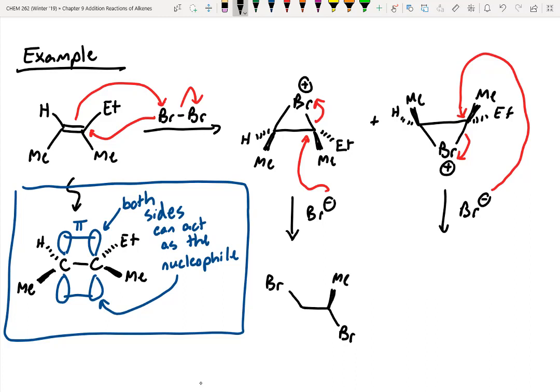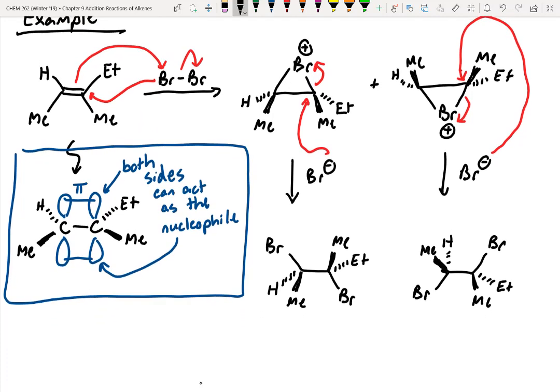This methyl group is still going to be a wedge. This methyl group will still be a wedge. And then down here it would be a little bit different. So what's the relationship between these two products?